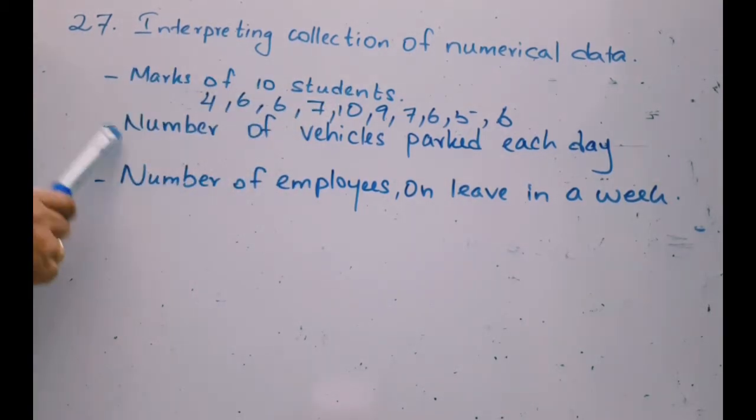The next example is the number of vehicles parked each day. For all 7 days there are going to be 7 numbers. Am I right? So this is an example of numerical data. The third example is the number of employees on leave in a week. Again, this is going to be numerical values. So these are known as collections of numerical data.